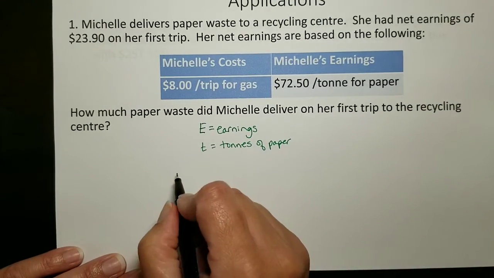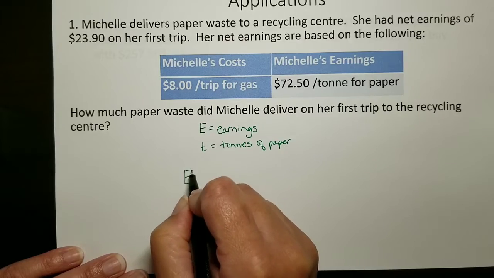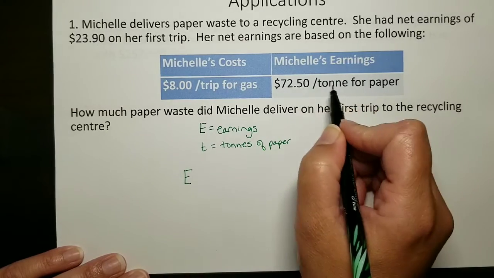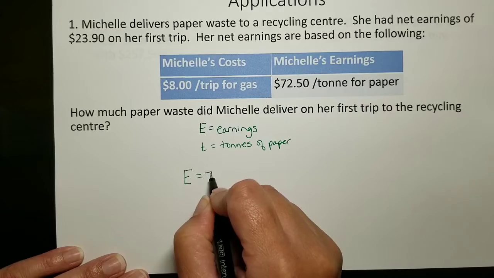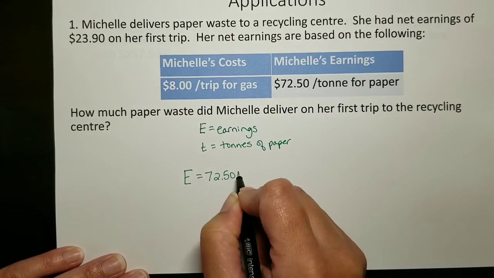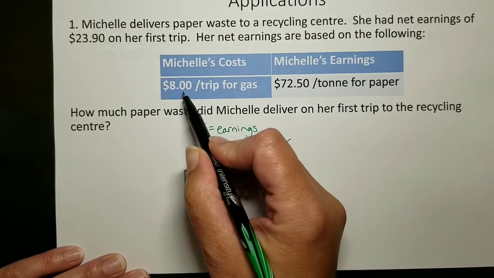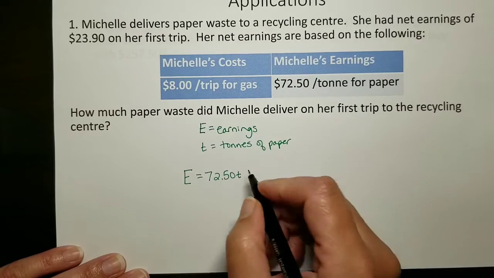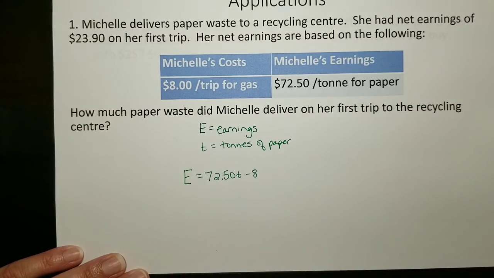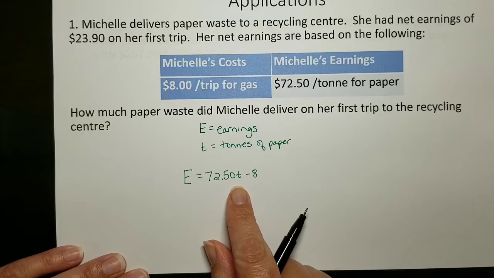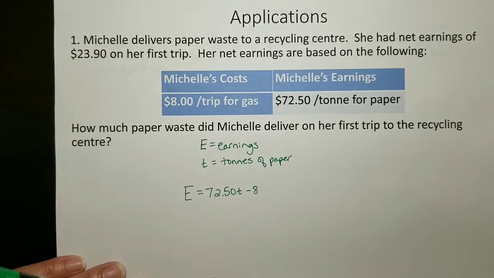So the equation here that I would use is that her earnings, she's getting this much per ton, so she would get $72.50 times T, but then she'd have to subtract the cost of her gas, so it'll be minus 8.